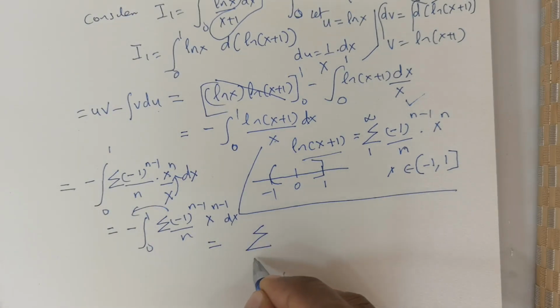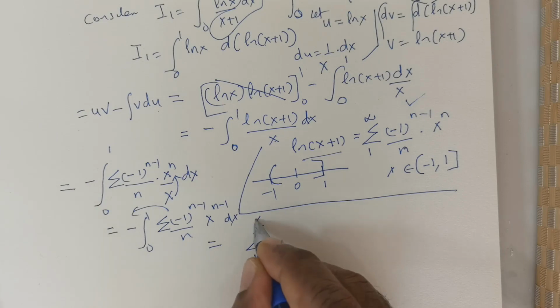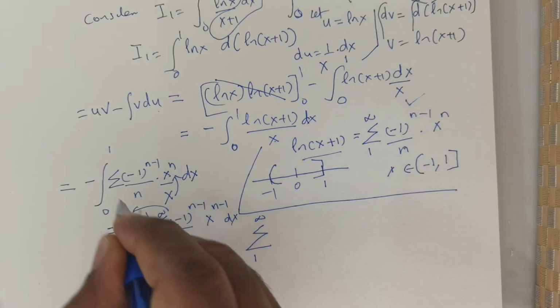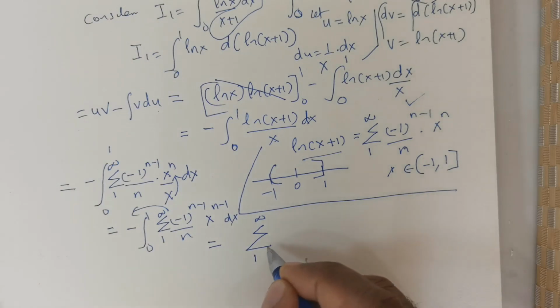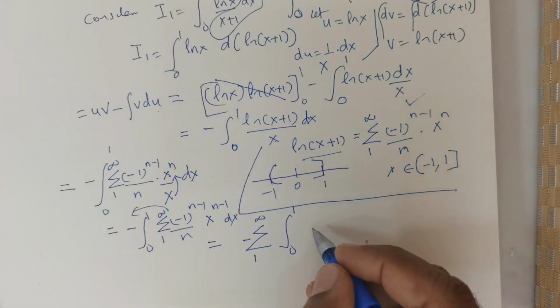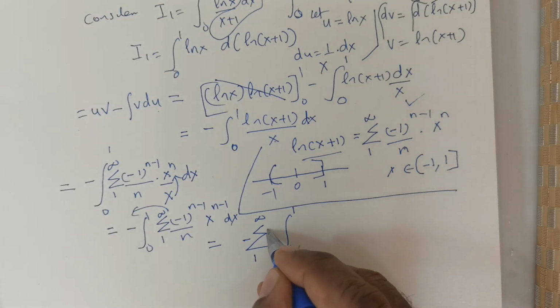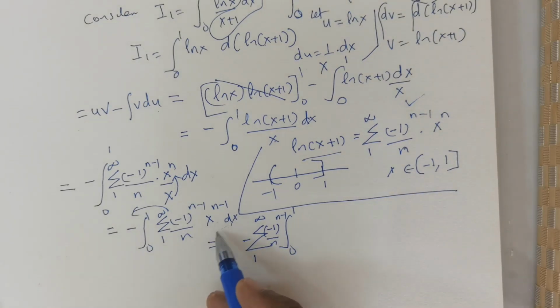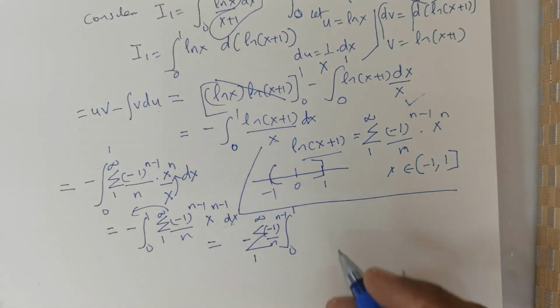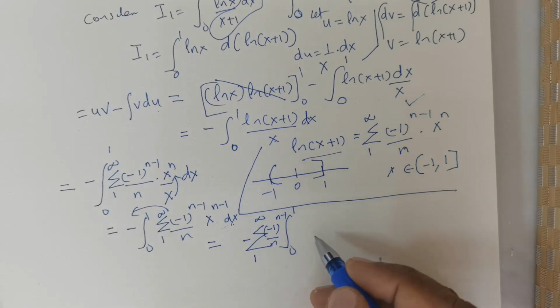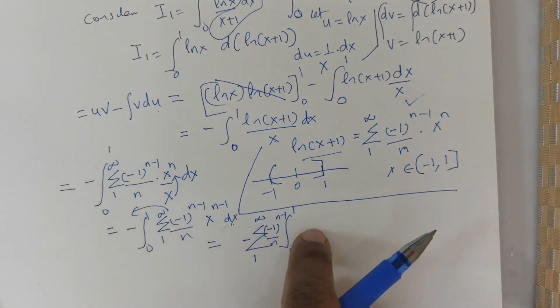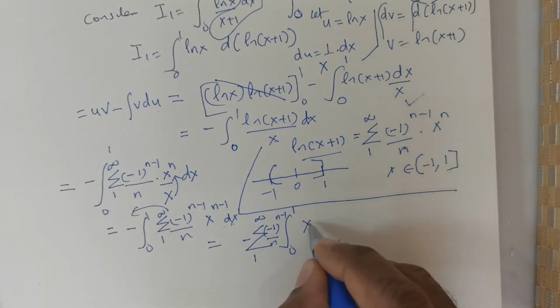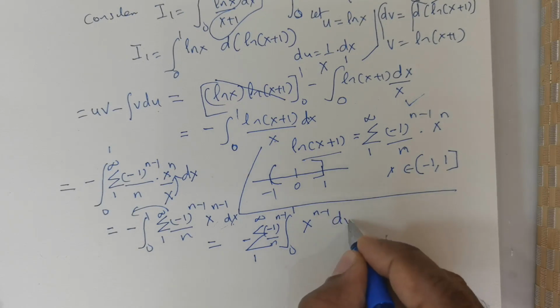So I now have sigma n is equal to 1 to infinity, and you have a negative sign, integral 0 to 1. In fact, I can place (-1) raised to the power of n - 1 divided by n, because this is integral with respect to x, so I don't have to place them inside, and you got x raised to the power of n - 1 times dx.